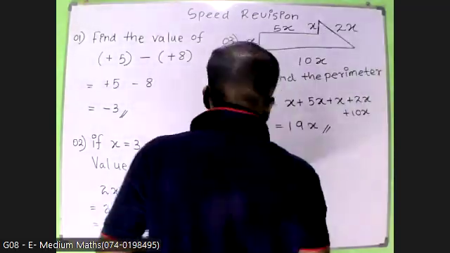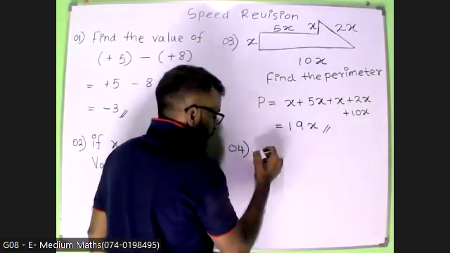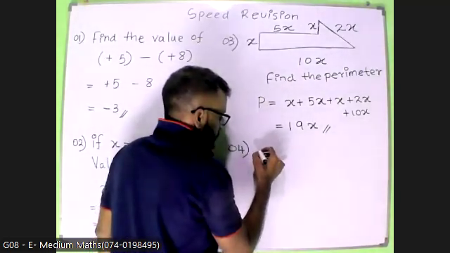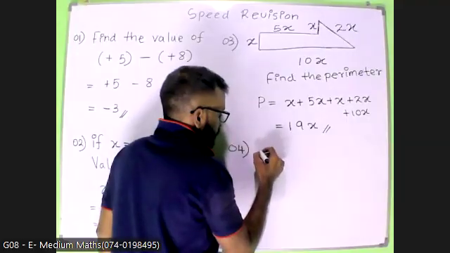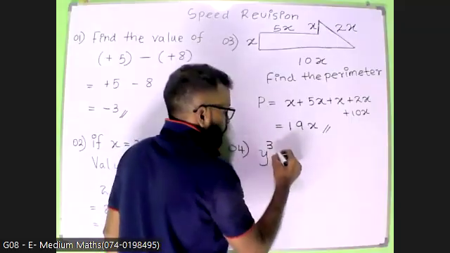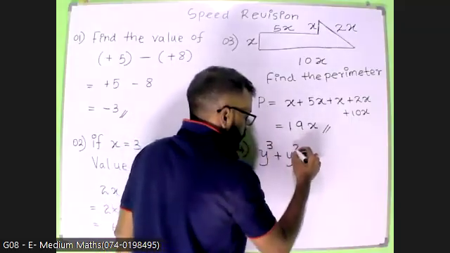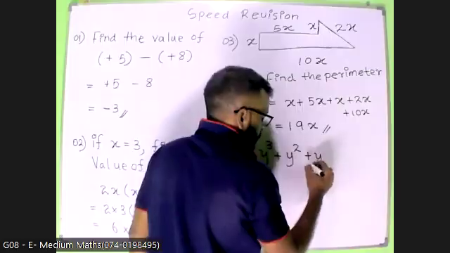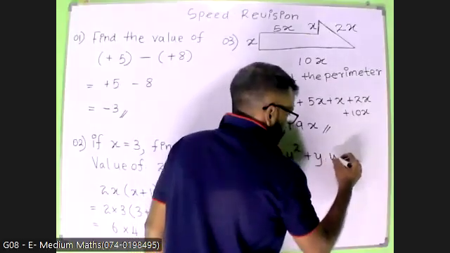So, fourth question. Fourth question is y to the power 3 plus y to the power 2 plus y. Right?